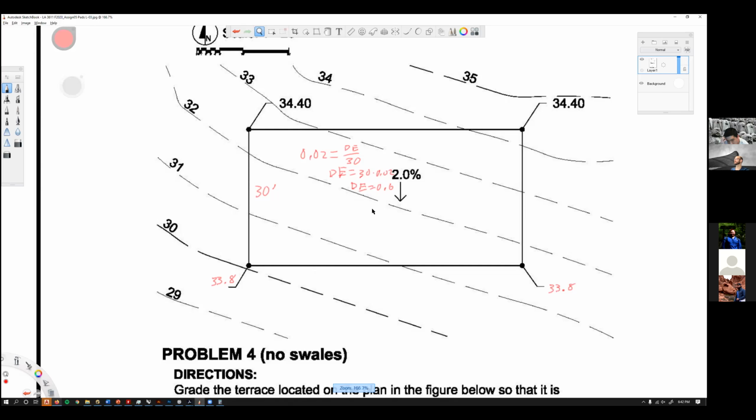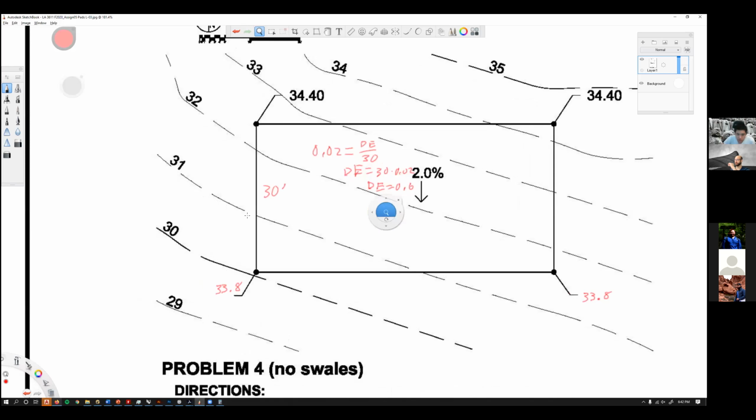The next thing that we want to do is figure out where our whole number contours are going to be crossing our slab. So we have 33.8 here, and we have 34.4 here. So we have 34 in between there somewhere, right? You can look at it as there's 0.6 of a DE between these two numbers, and you have your 30 feet here.